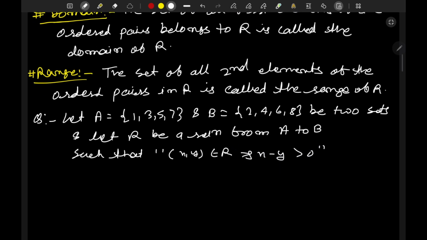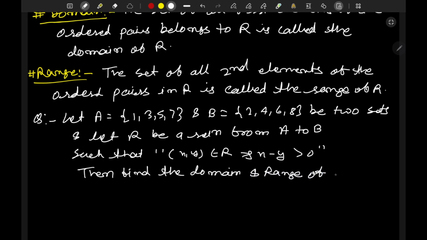Then find the domain and range of this relation.